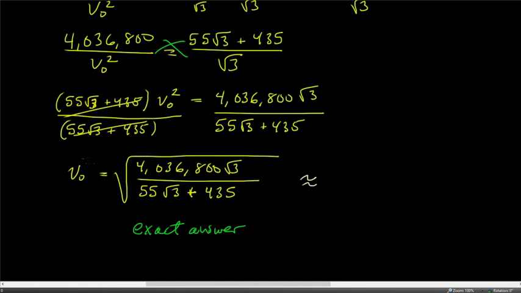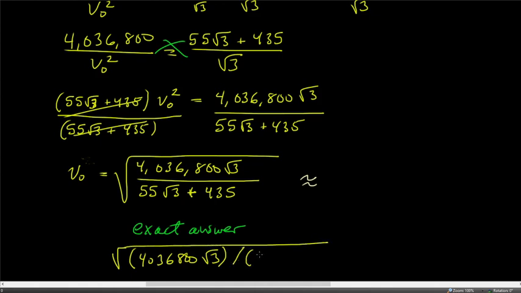Yeah, again, be careful how you put this in your calculator, especially if you're using a graphing calculator. You make sure that all your order of operations is good here. Essentially, it'll look like the square root of 4,036,800, and then another square root of 3, close parentheses, and then the square root should be divided by another parentheses.